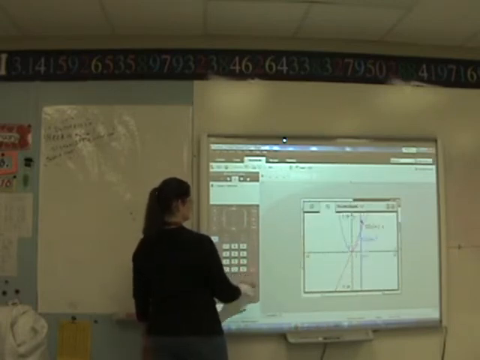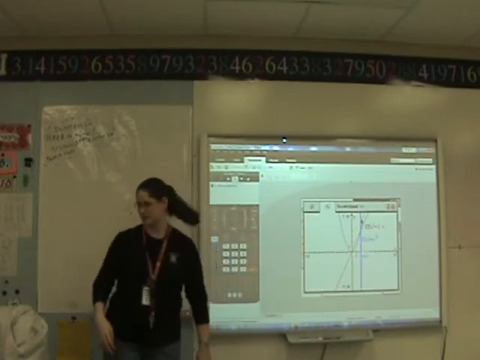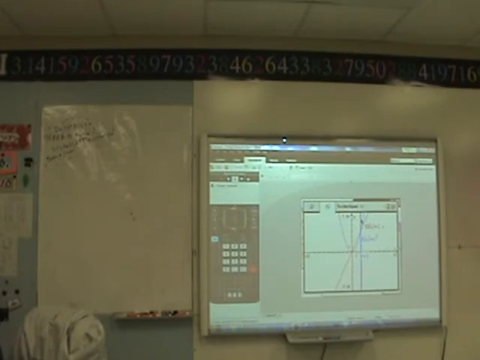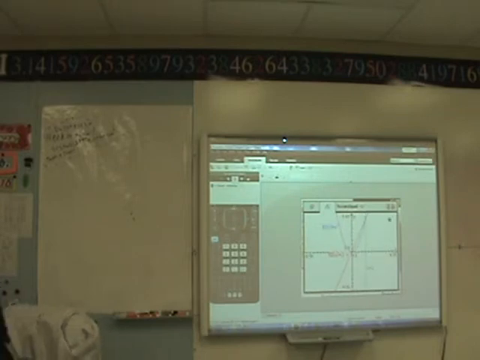X equals 2. And it's the same color as that other one. I don't like that. I'm going to change the color. Could move some of these things around. Let's make it green. Move that label a little bit. All right. And let's zoom in a little bit.